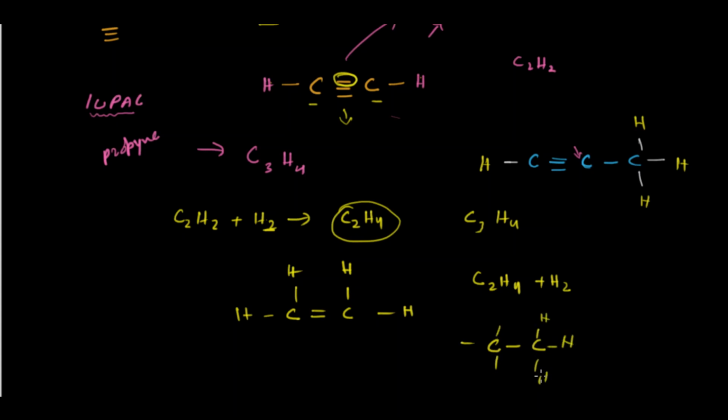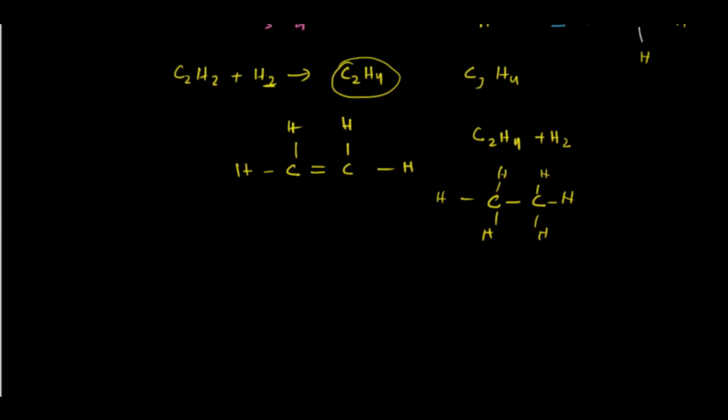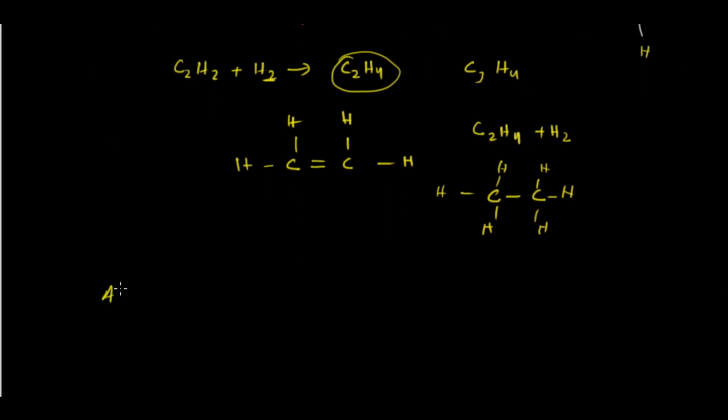Simple idea. So what can we conclude from here? The conclusion is that whenever there is an alkane, an alkene, or an alkyne, when you remove 2 hydrogens from an alkane, it becomes an alkene.